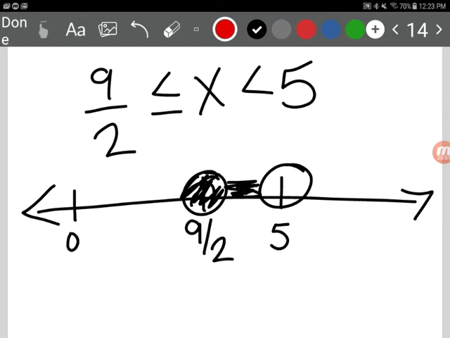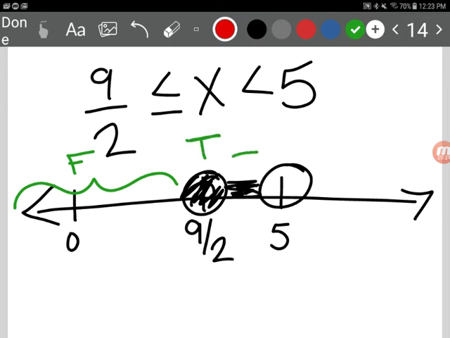That's a true statement. And 4.75 doesn't equal 4.5, but it is greater than 4.5. So that statement is true. So when I do my true-false statements, wherever I did not shade, that is a false statement. So if I tested 0, 0 is less than 5, but it's not greater than or equal to 4.5. Okay, so 9 over 2, this is a true statement.